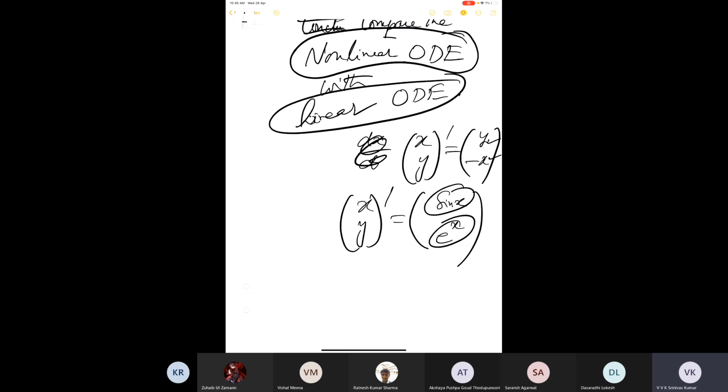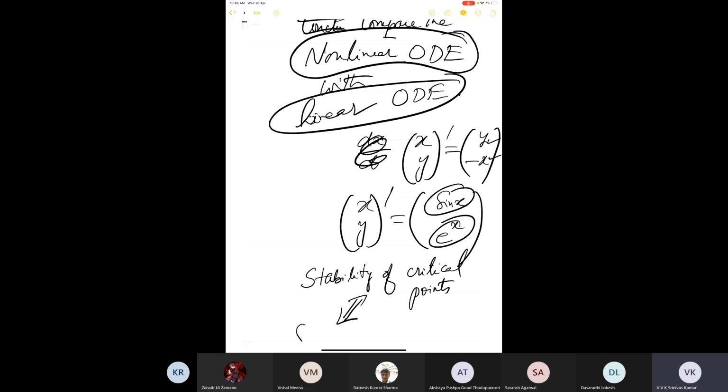In phase plane analysis we have to study not only the nature, behavior, nodes and these things, but we also have something called stability.